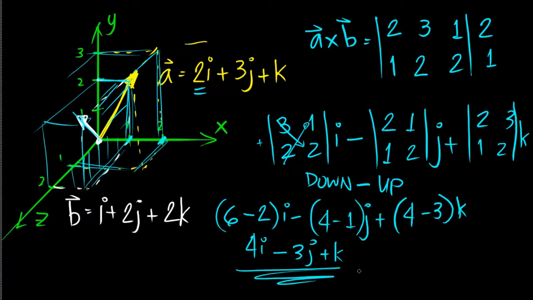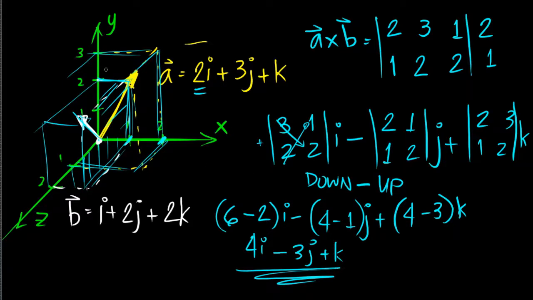So, as you can see, guys, your answer is a vector, which is why cross products are also called vector products, because your output is a vector. Earlier, with the dot product, you could find the angle between the two vectors. What about the cross product?